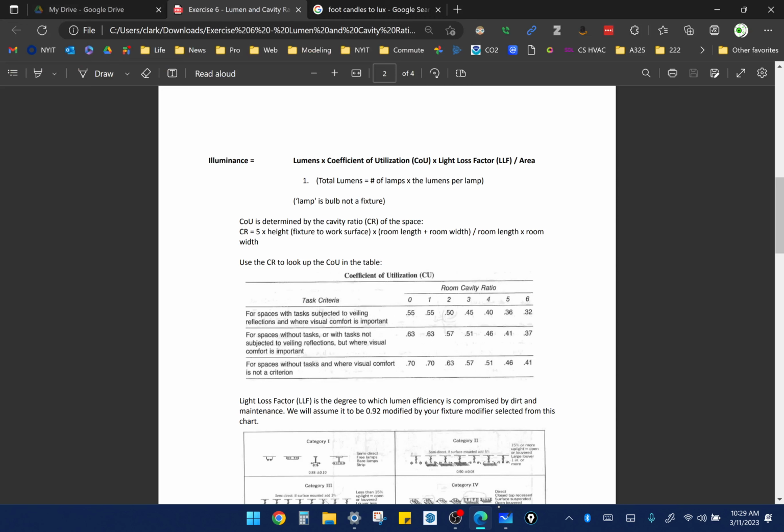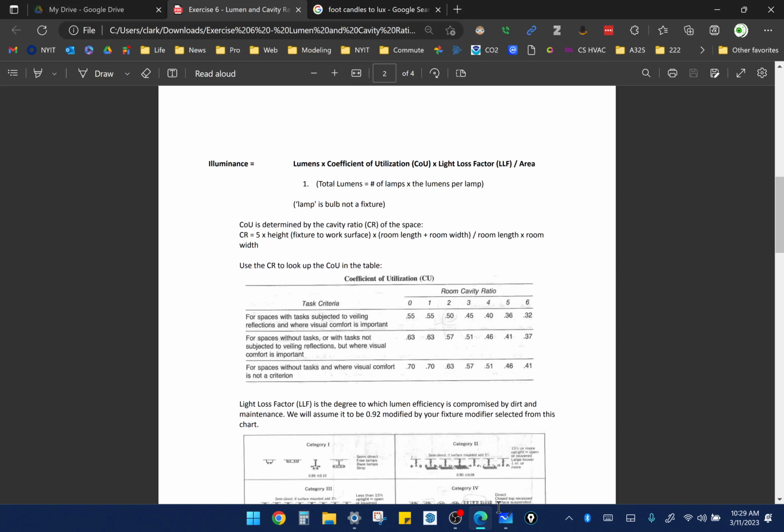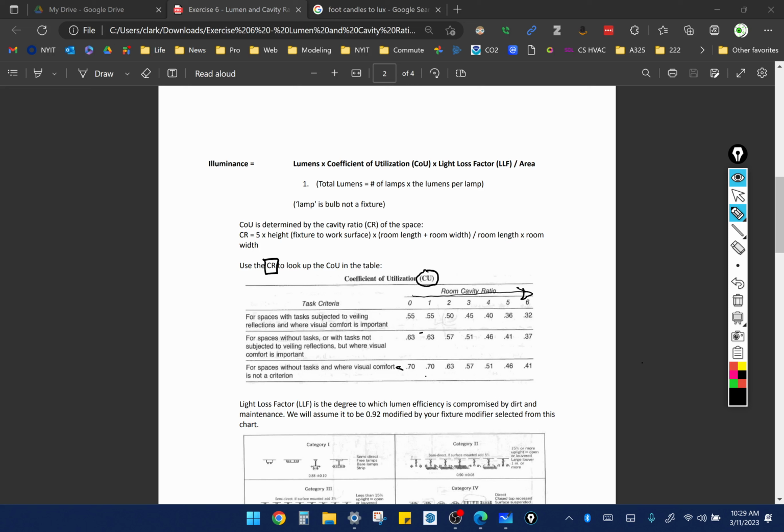So if we look at our equation, though, once we have the cavity ratio, then we look it up in this table, and as it goes up, the actual coefficient of utilization goes down. So as this is going up, these are going down. So it's an inverse relationship how they've calculated this. And you could do it the opposite way, right? Because we're just creating a relationship.